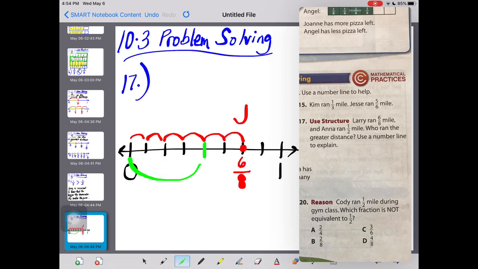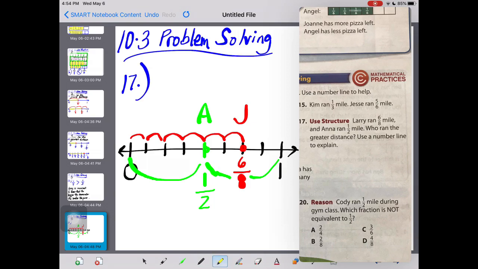So here's one part, and here's the other part. Anna went 1/2, 1 out of the 2, right? So she went right here, Anna.